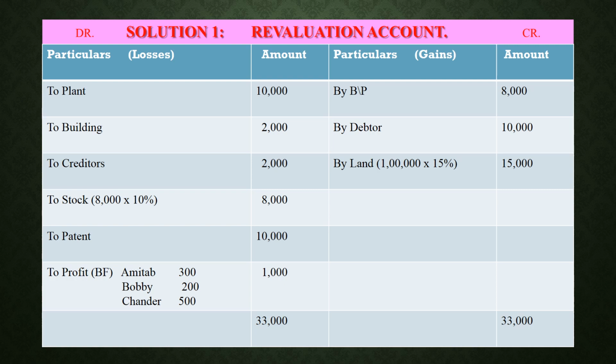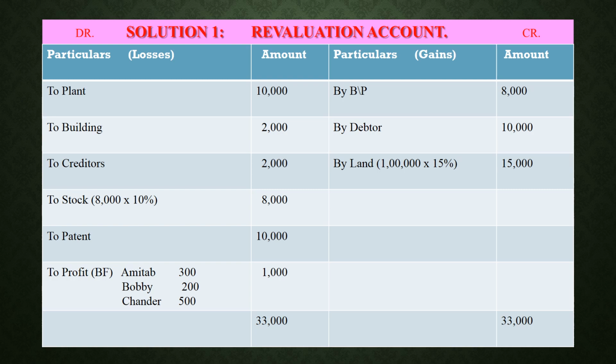Liability reducing is a benefit. Next is amount. Balance sheet value is 40,000, whereas adjustment value is 32,000, and word to is used in the statement. Therefore, we have to take difference. 40,000 minus 32,000 is equal to 8,000. 8,000 would be recorded in amount column.